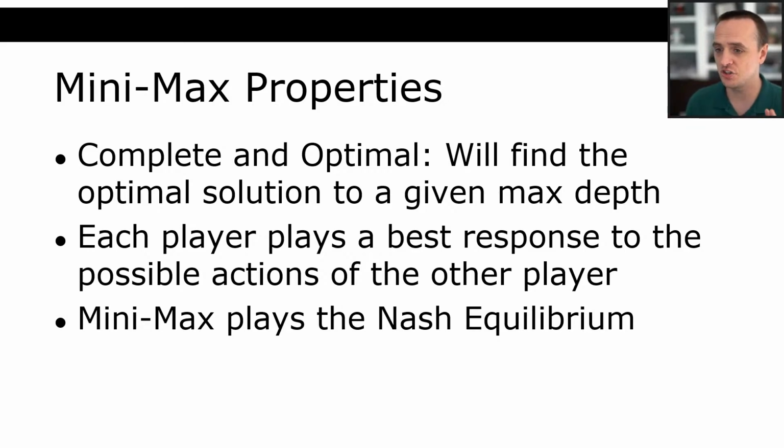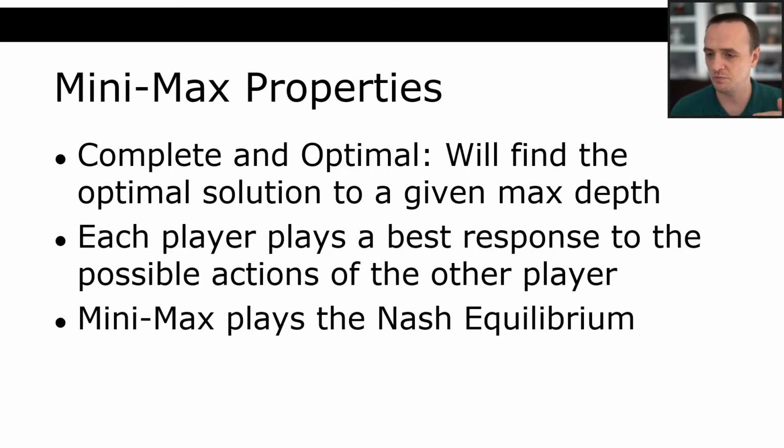If we can search the entire tree, which typically we can't, MiniMax will play a Nash equilibrium. So it will play the strongest possible move if we can search the whole tree. If it doesn't search the whole tree, then what we say as algorithm people is that MiniMax approximates the Nash equilibrium to a given depth, okay?